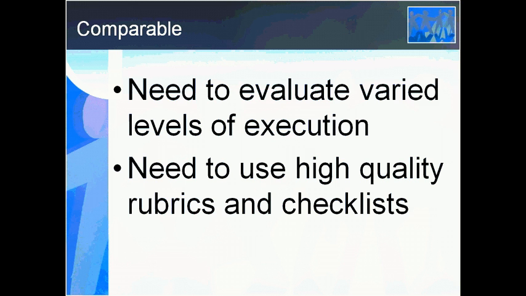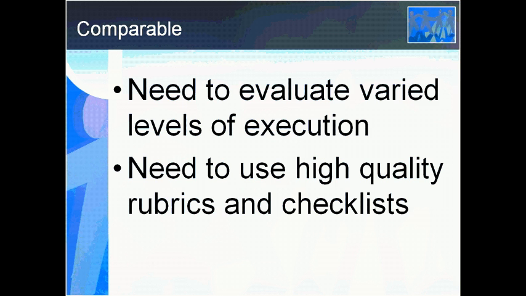Student work has to be comparable. We have to understand that there are different levels of execution, and we should be able to distinguish different levels of execution. To be able to do that, we would need rubrics and checklists to let us understand when a student work is initial, when it's in progress, and where mastery is demonstrated and exemplary work is presented.